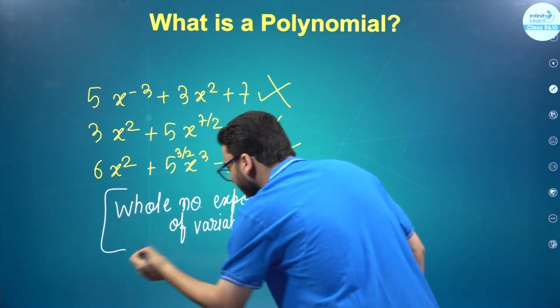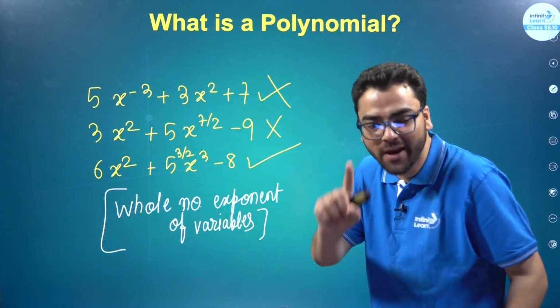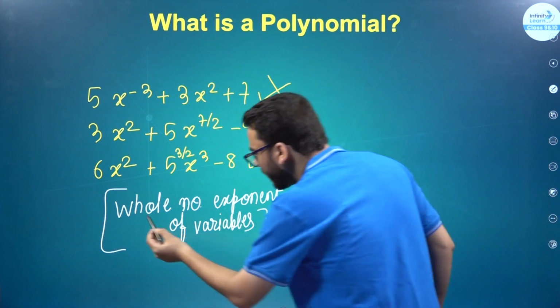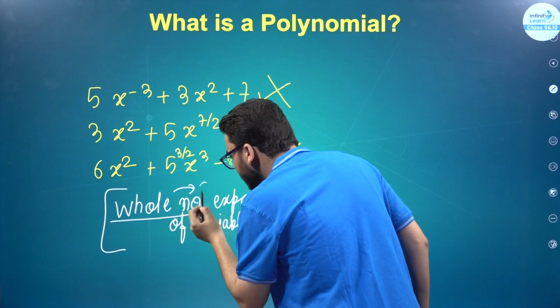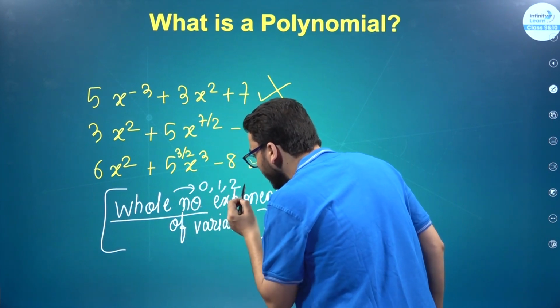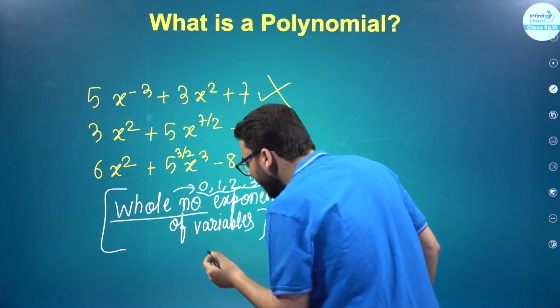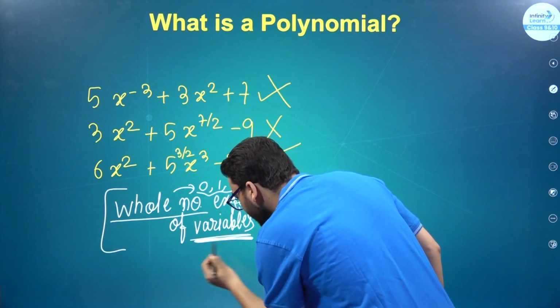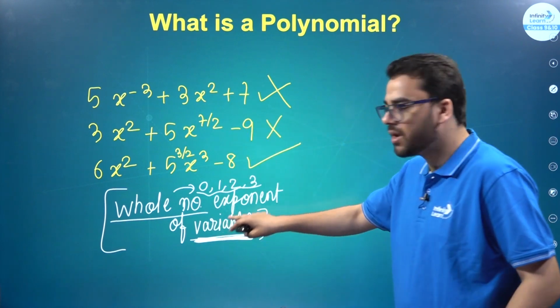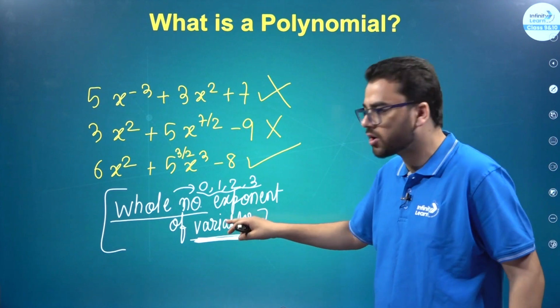So it can only have whole number exponent of variables, both the things. Whole number means starting from 0, 1, 2 and so on. These exponents can be there and it must be of variables. You are not talking about constants. Whole number exponent of variables, not constants.